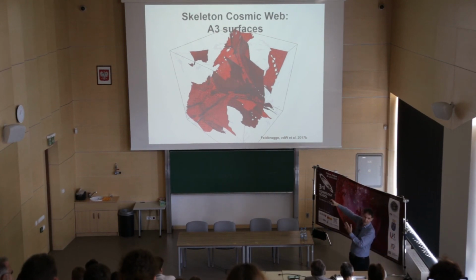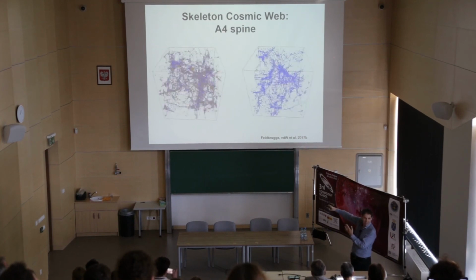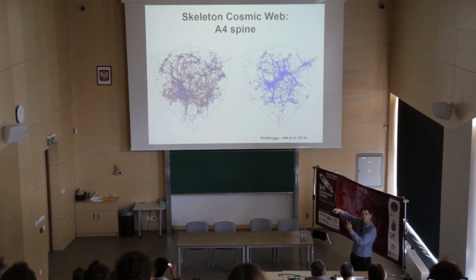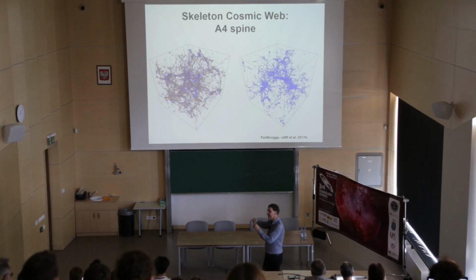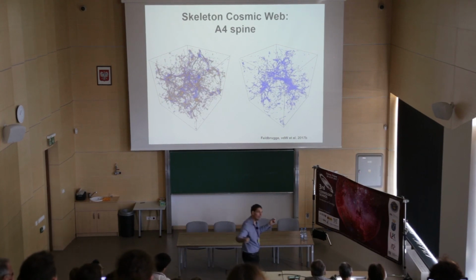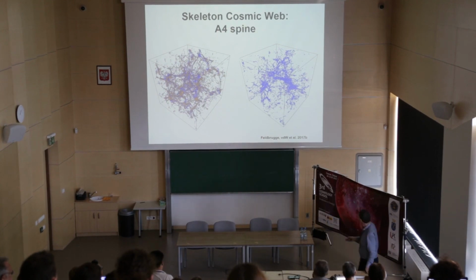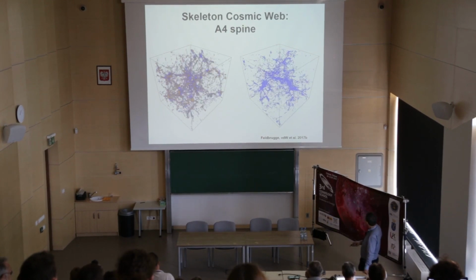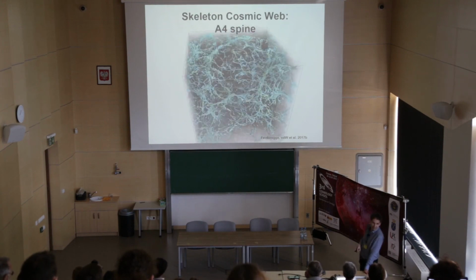But the nicest one, I thought, were the filaments. Because he managed to go one step further and identify actually the filamentary caustics. They're called A4. And you can even go to the nodes, they are A5. And you can actually see how they are all connected into a network. This is his spaghetti.